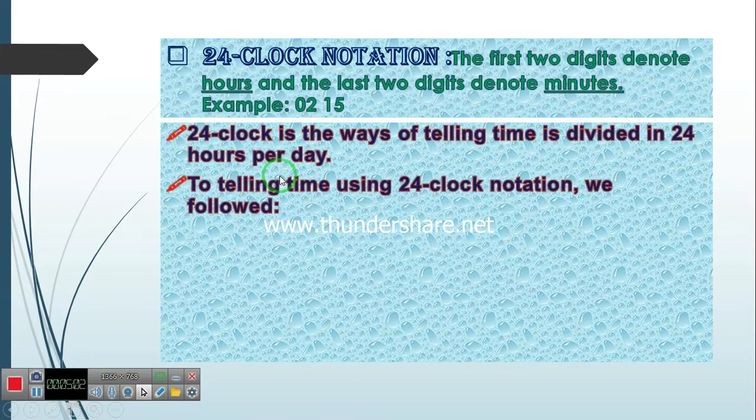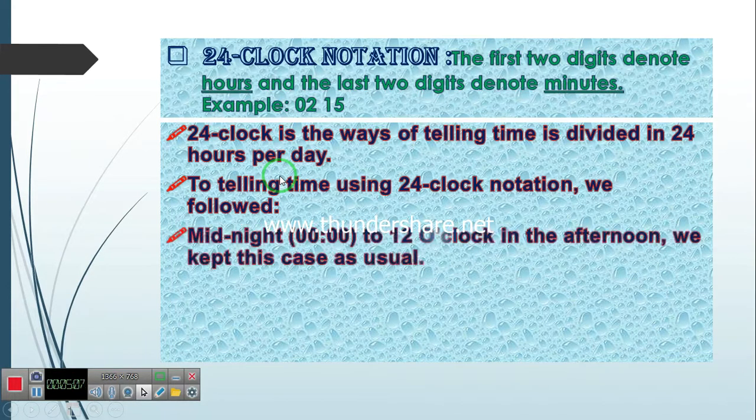How do we read or tell time using 24-hour clock notation? Take a look here. In 24-hour notation, or universal time, at midnight we start counting from 0. You may count like a countdown. At 12 o'clock midnight you count 0 up to 12 o'clock. We keep the same for 1, 2, 3, 4, 5 until before 12 o'clock, and so on.